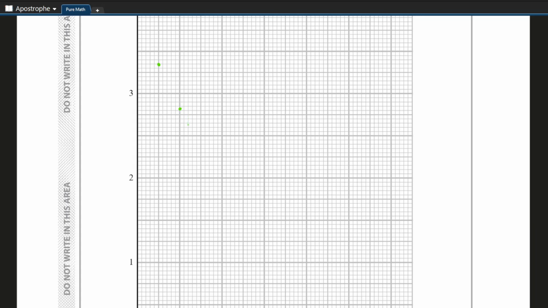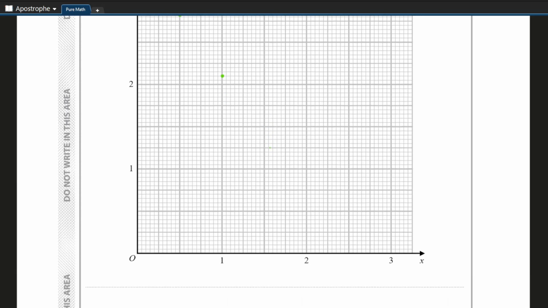Then 1, which is this vertical line, and 2.10, this is 2, 2.05, 2.10. And then 1.5 is this vertical line, and 1.67, 1.55, 1.60, 1.65, 1.67 is right above there, almost in the middle.